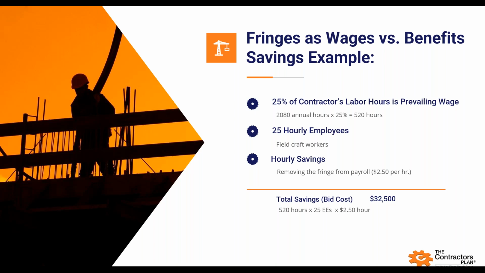I've got 25 folks in the field. My hourly savings from the previous example was $2.50. 520 times 25 times $2.50, that gives me a total contractor savings per year of a little over $32,000. So pretty significant, even though you're talking about a fairly small, very typical subcontractor.